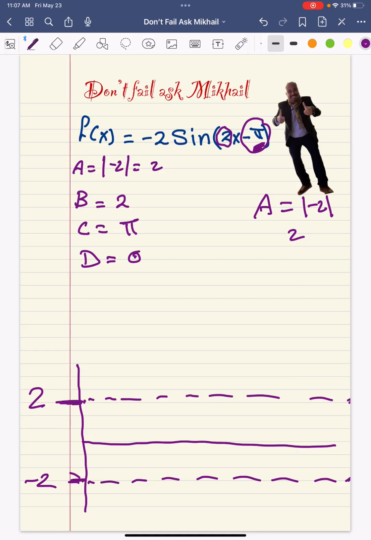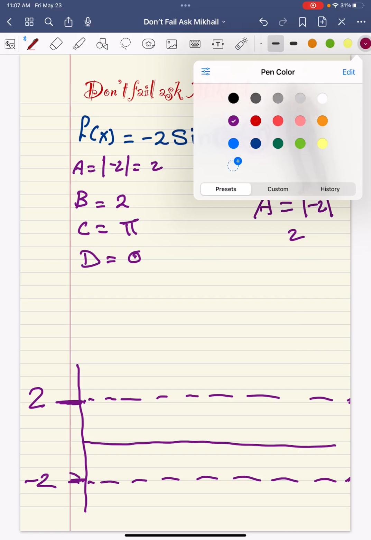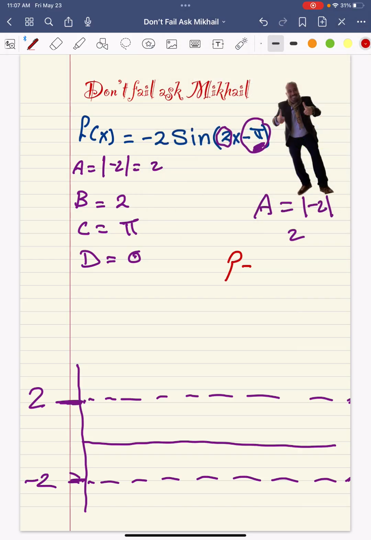First, I need to find the period. Period equal to 2 pi over b, which is 2 pi over 2. That gives you pi. So I'm starting somewhere, but I'm ending at pi.